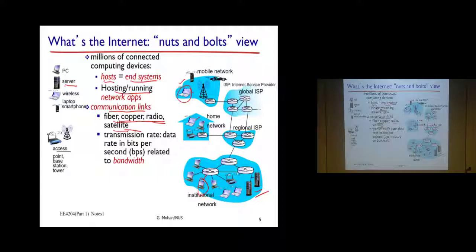Now the question is, how many bits can we send from one end to the other end in 1 second? That tells what is called the transmission rate or data rate, bits per second.